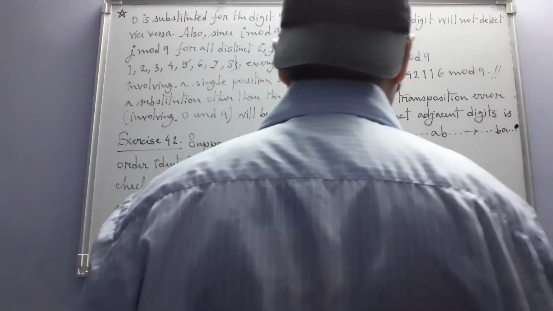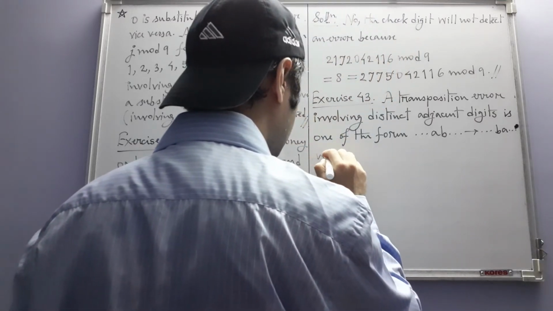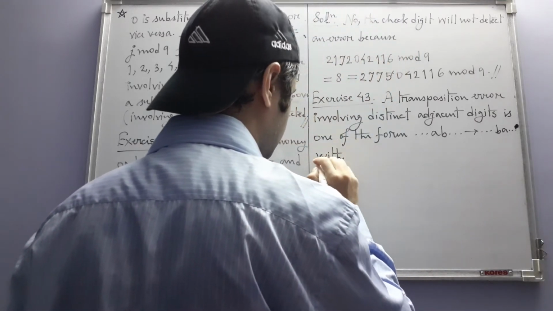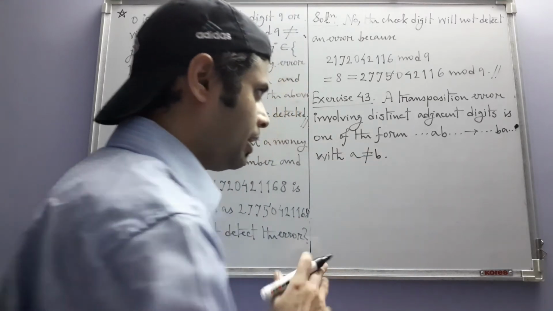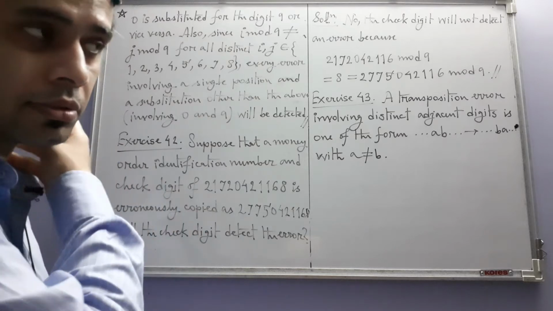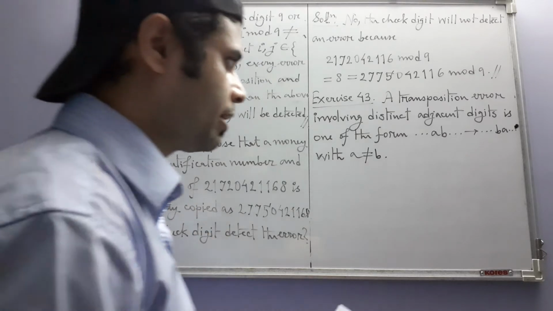That type of error. A not equal to B, of course, because if A is equal to B, then this is not an error. In fact, nothing changes.